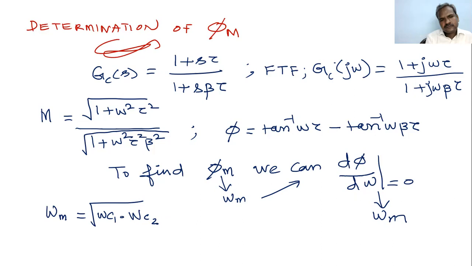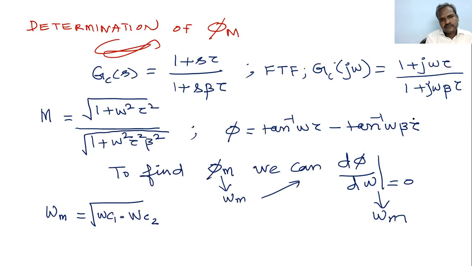So by differentiating this expression, let us differentiate and equate to 0 to determine omega m. Let us differentiate d phi by d omega at omega m equal to 0.